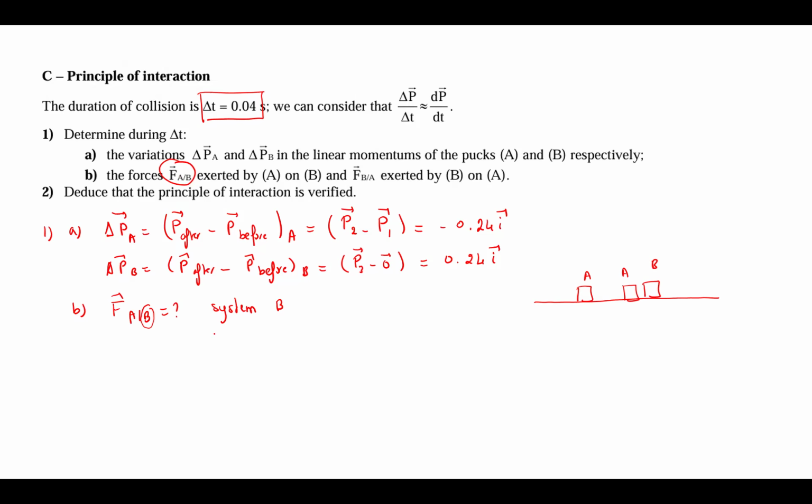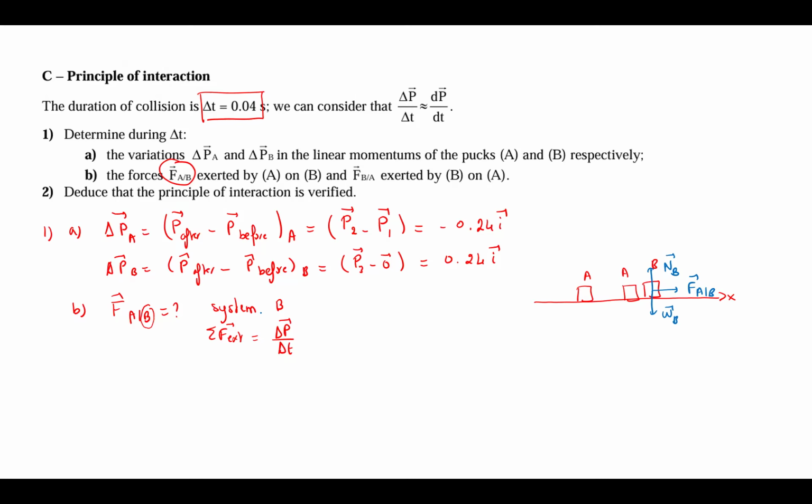Once I put the system B, according to Newton's second law, the summation of the external forces equals delta P over delta T, and I take delta P over delta T since I have an interval of time and not dP over dt. So what are the forces acting now on the system B? If I want to trace the forces, I have the external forces, I have WB, I have NB, but I also have the force done by A on B. Now it's an external force and it's done by A, and A is not inside the system.